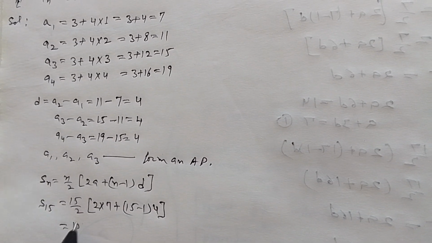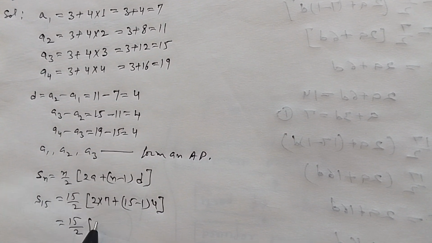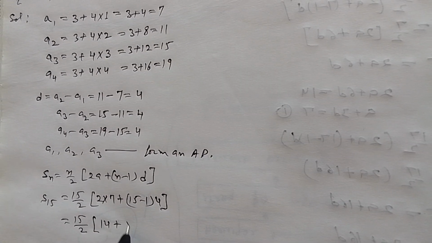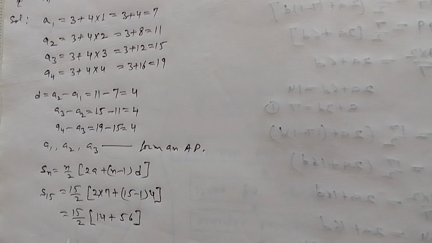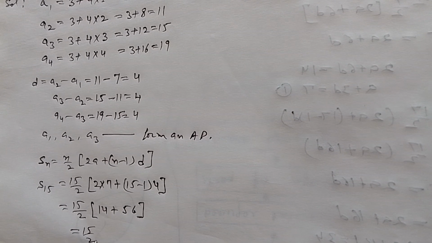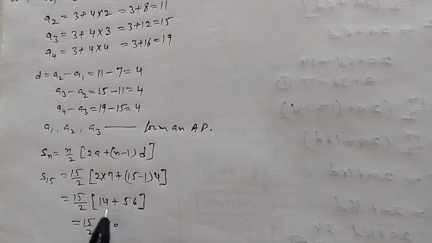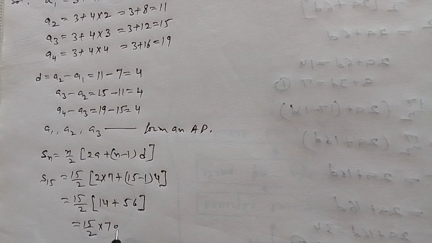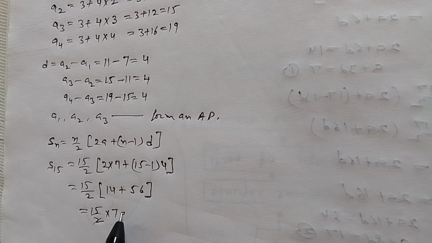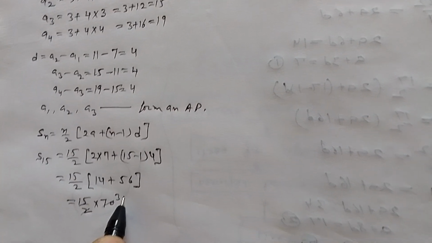So it comes out to be 15 divided by 2 times 14 plus 14 times 4, which is 56. So it comes out to be 15 divided by 2 multiplied by 70, since 56 plus 14 is 70.